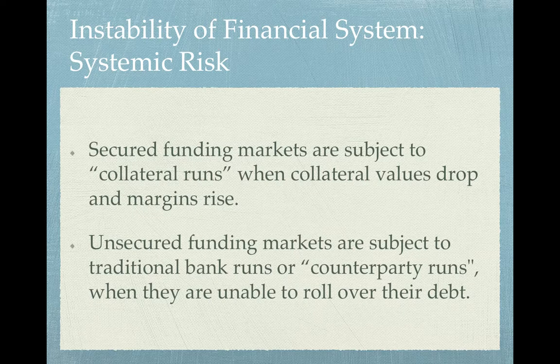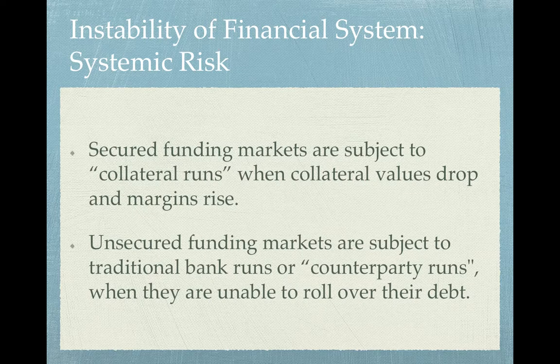For example, if you are participating in a secured funding market, you could experience a collateral run. You want to raise some money and you are going to give certain financial securities as collateral. When there is a collateral run, the collateral values drop and the margins rise, which means that if you had $100 worth of the financial security, you could get $90 before. Now, probably you could just get $70 of funding.